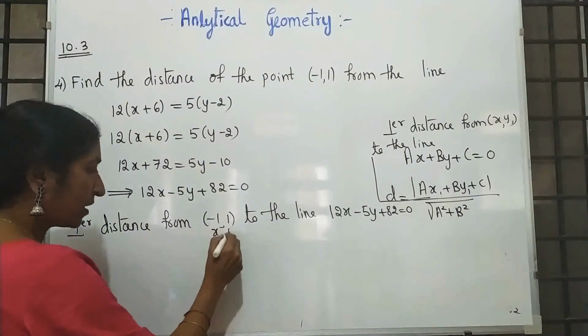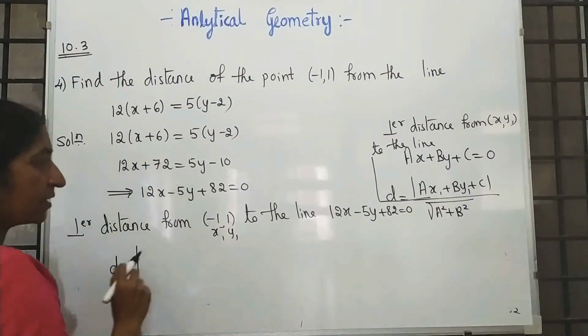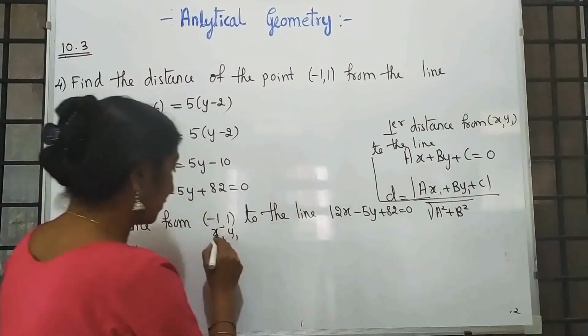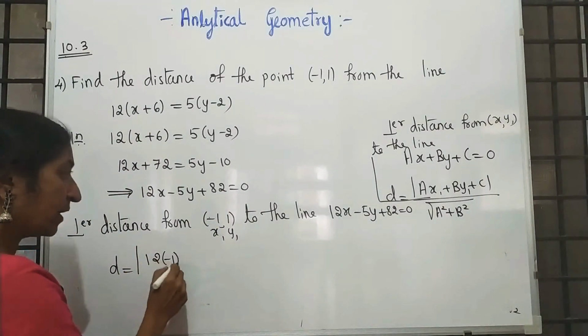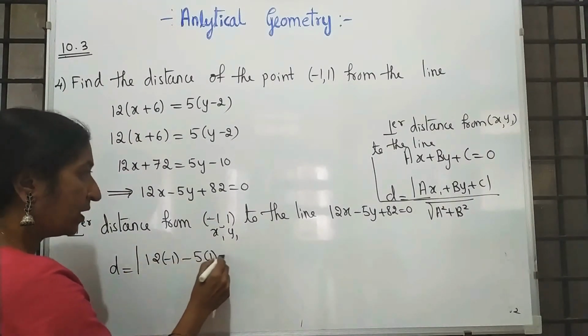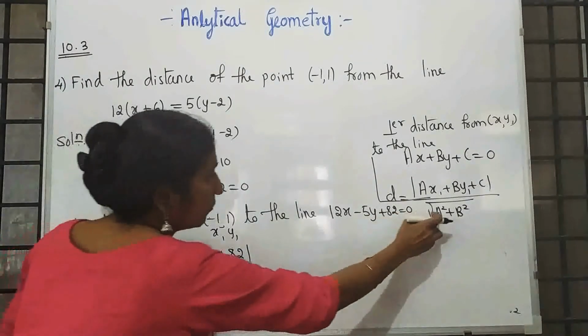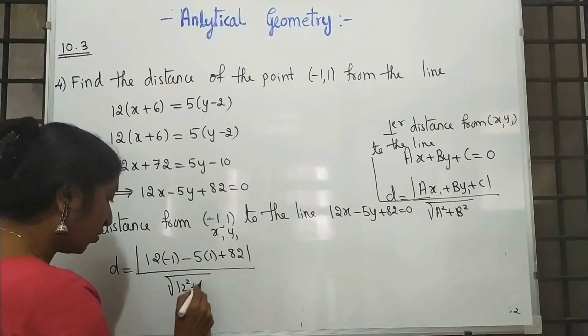This we call x1, y1. D is equal to, I am giving you one important concept. Here, if it is in the standard form, x and y are replaced by minus 1 and plus 1. It is 12 into minus 1 minus 5 into 1 plus 82 divided by, a is what? Coefficient of x. B is coefficient of y.